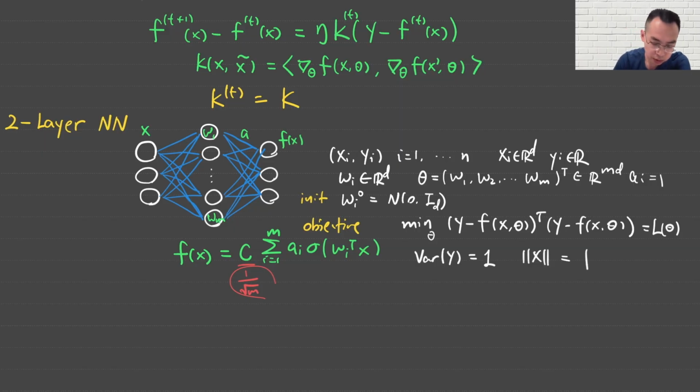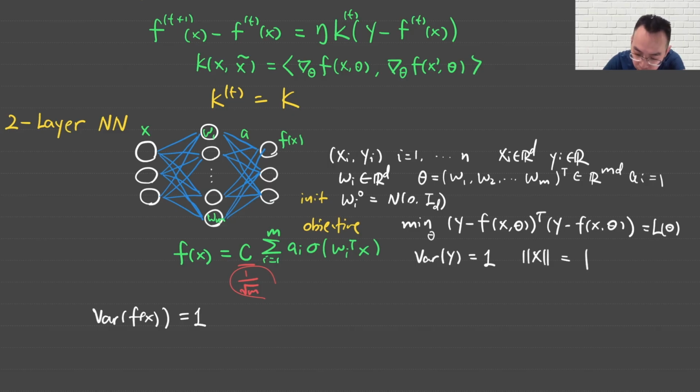The goal here is that we want f(x) and y to be in the same scale. That means we want the variance of f(x) to equal 1, so that f and y will be in the same scale. Okay, so let's do that.